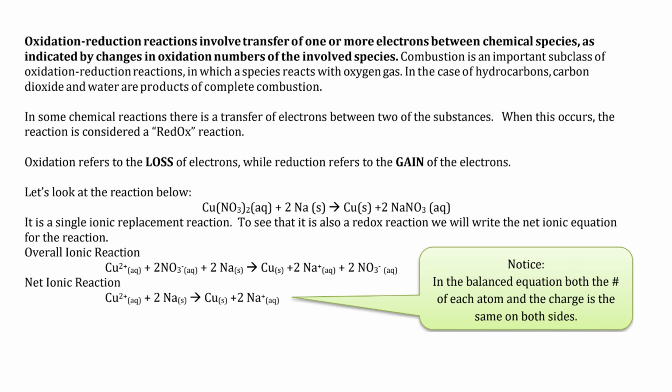The copper becomes Cu2+, plus 2 nitrate ions, plus 2 sodium ions, produces solid copper, 2 sodium ions, and 2 nitrate ions. The nitrate ions go away, and you're left with the Cu2+ plus the 2 sodium, and it produces solid copper and 2 sodium ions.